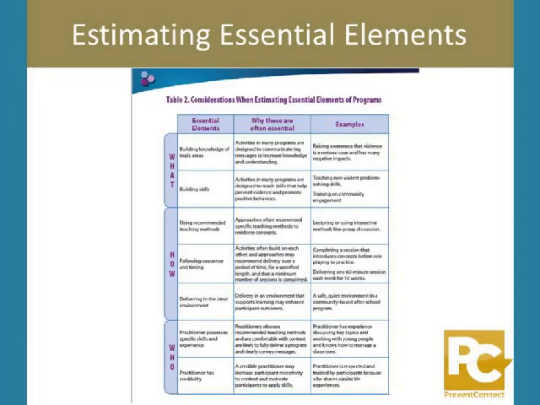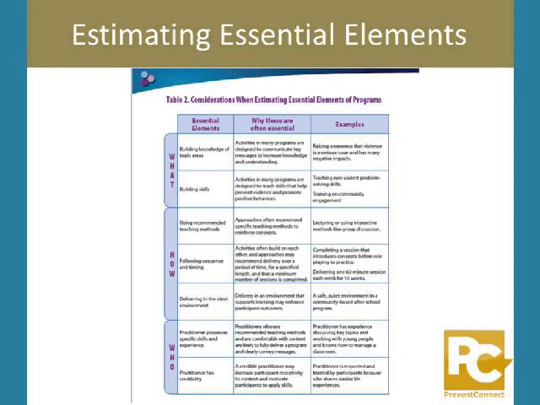Here's an example of some of the considerations when estimating essential elements of programs. I want to make the point that this is not necessarily an exhaustive list, but it does come directly from studying adaptations and implementation, as well as studying other health topic areas, what they often define as core components.